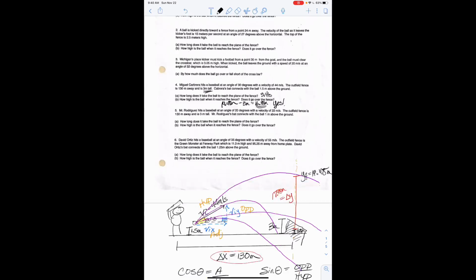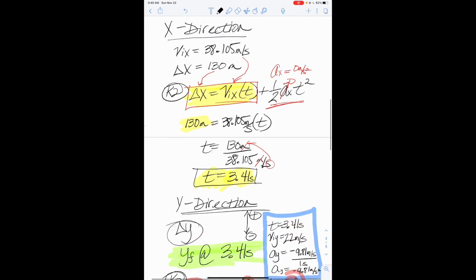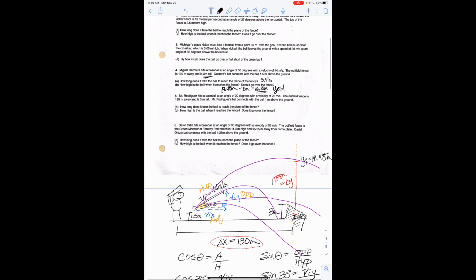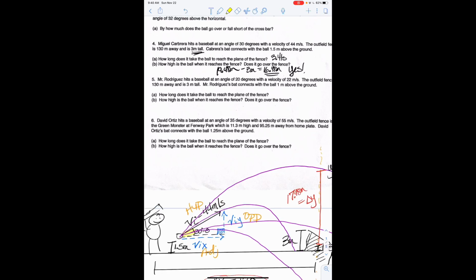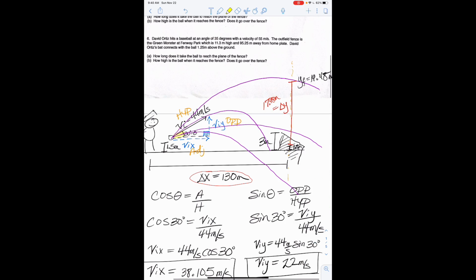Pretty straightforward. And once again, something that could show up, say, in the next problem, where you have somebody who doesn't know what they're doing in baseball, like me, hitting a ball, that the ball's delta y value is going to be negative when it reaches the plane of the fence.